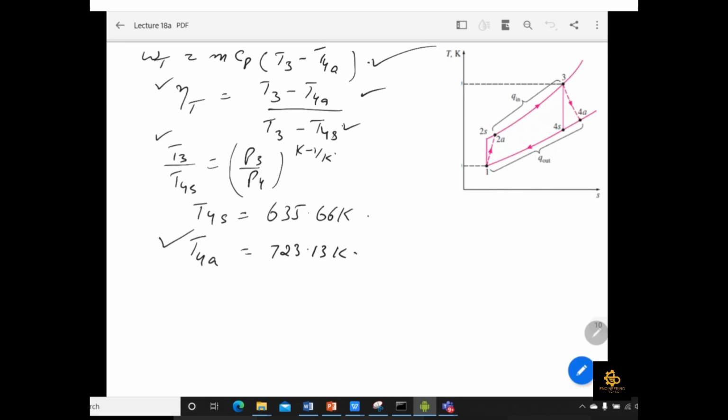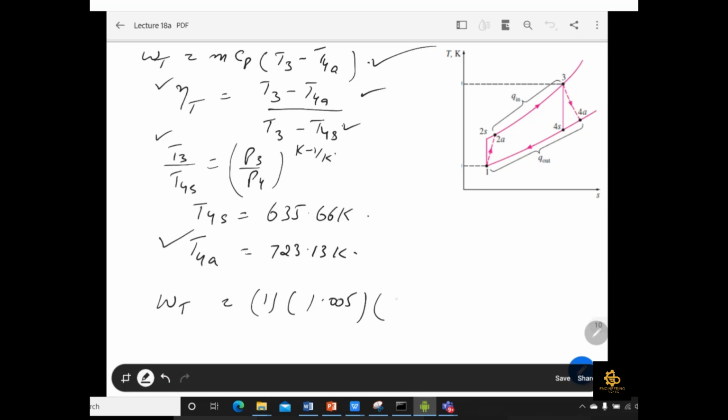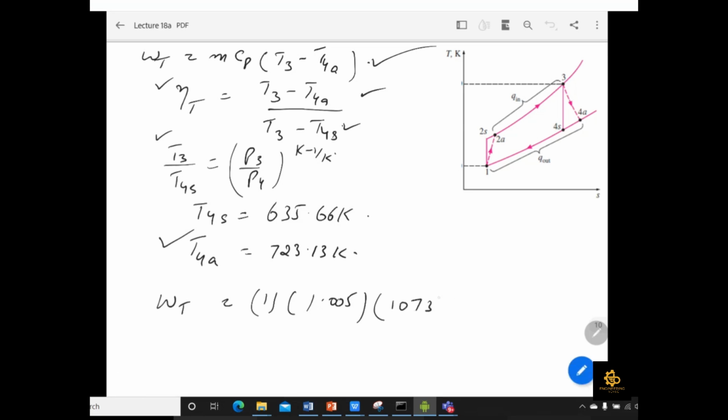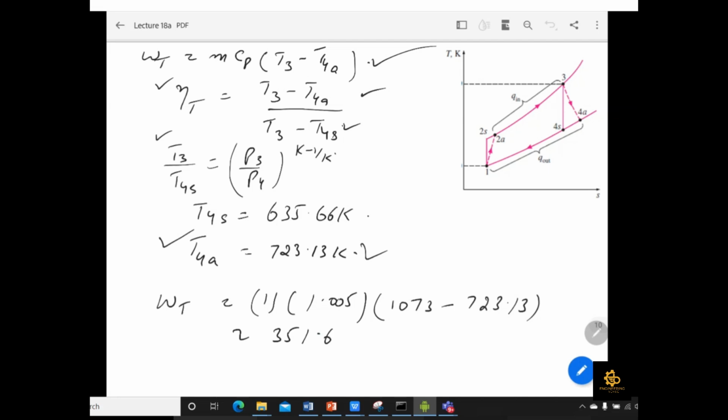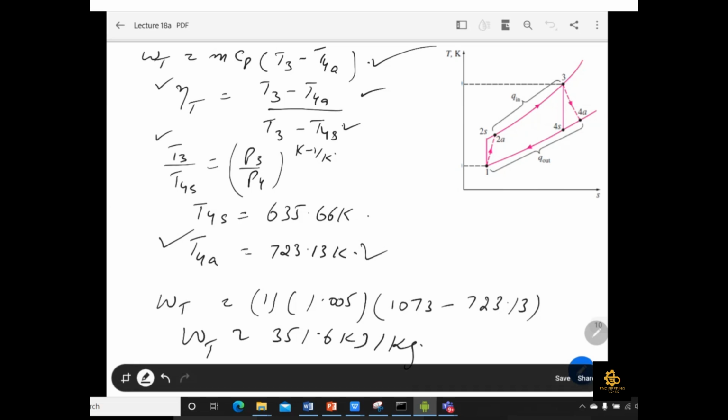You have to put the value of T4A into the turbine work equation. Cp is 1.005, T3 is 1073, which is given in your problem statement, and the T4A value we just found. Solving it, you get 351.6 kilojoule per kg. This is the turbine work required in your question. Note it down and move towards the next part.